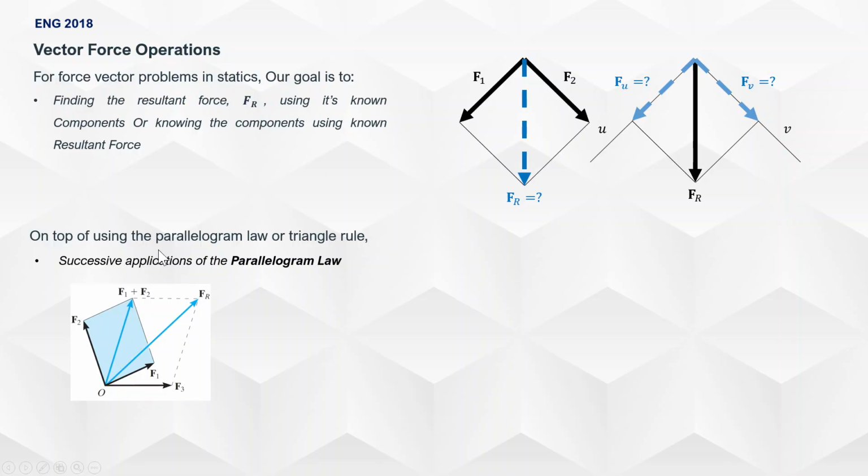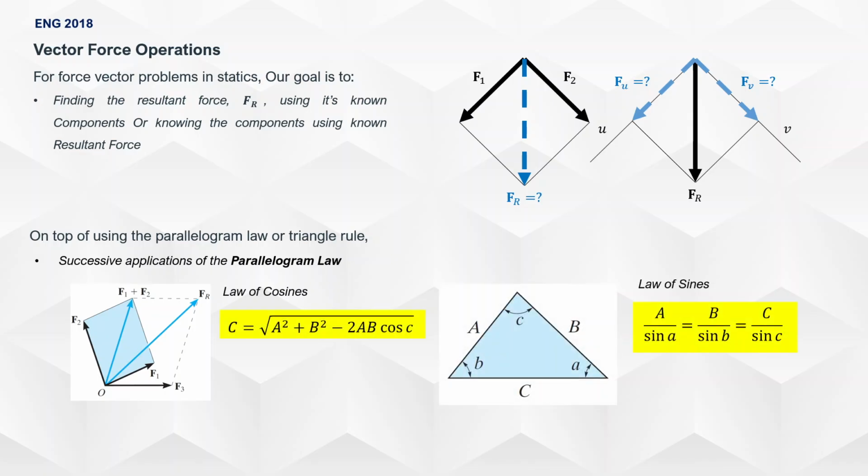To help you further solve that, we will add on top of our parallelogram law of addition and triangle rule the law of cosines and sines, which is indicated here.